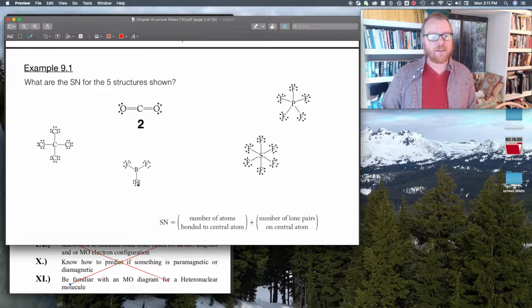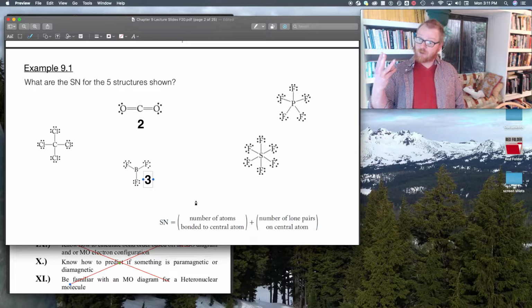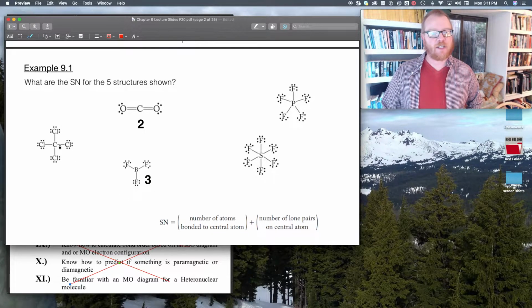Okay, so let's look at this next one, boron trifluoride. And as you might guess, the boron is the central atom. There's 3 things surrounding it. So that is a steric number of 3. And if we keep going through this list, you can see carbon tetrachloride is going to have a steric number of 4.